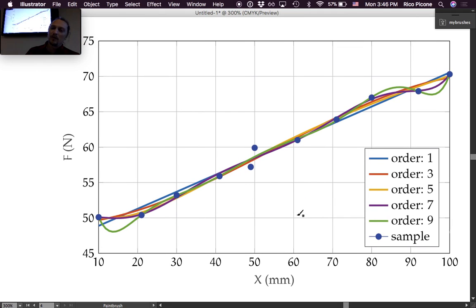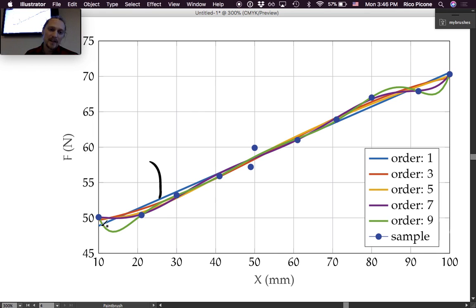So we have X, F. We have these different Y's. I went every other order so that I didn't have too many lines on here because it was getting kind of crazy. First order is just the linear one, which is the blue one. And that's pretty good.